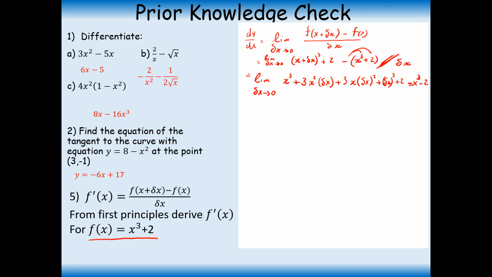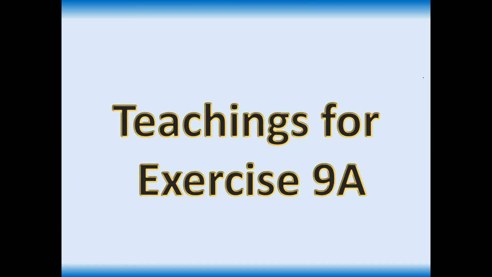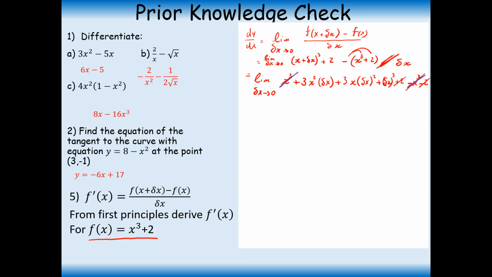So you can see clearly this plus 2 and a minus 2 will cancel, and this negative x cubed will cancel away the x cubed at the front. So if I just highlight the cancellations with purple over here, these terms cancelled away. Sorry about that.